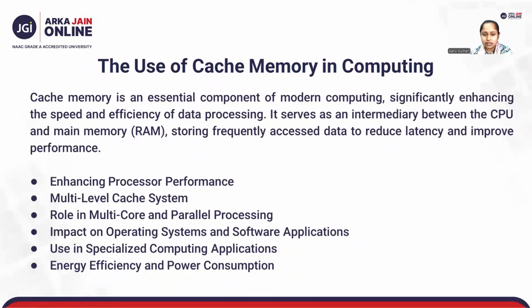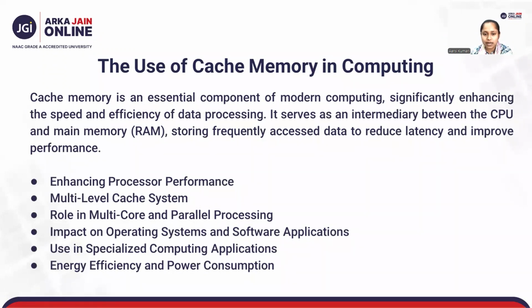L3, level 3 cache: a shared cache among multiple CPU cores, enhancing multi-threaded processing. This hierarchical caching system ensures a balance between speed, capacity, and efficiency, optimizing overall system performance.